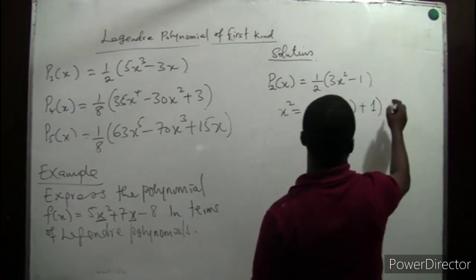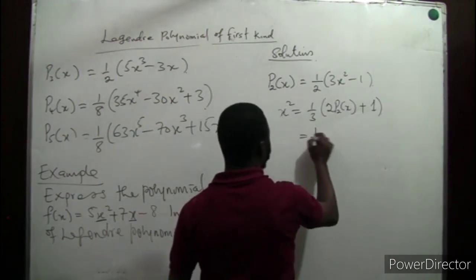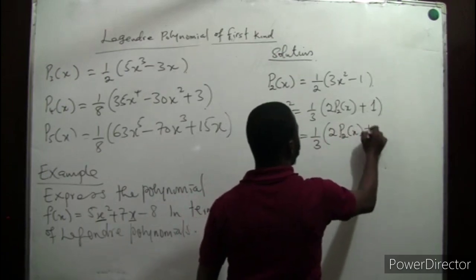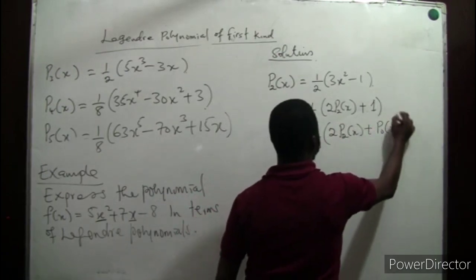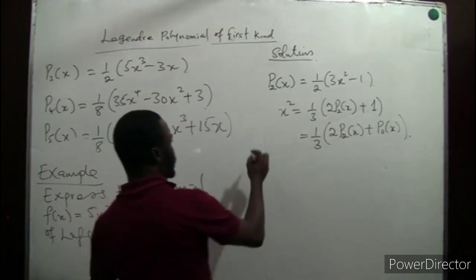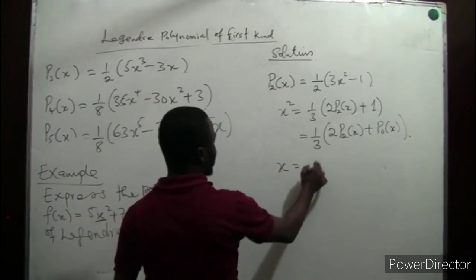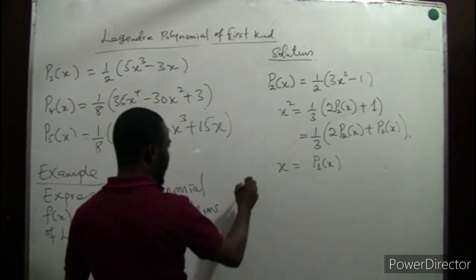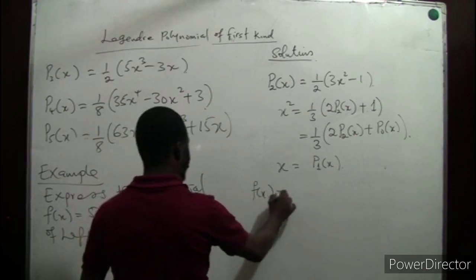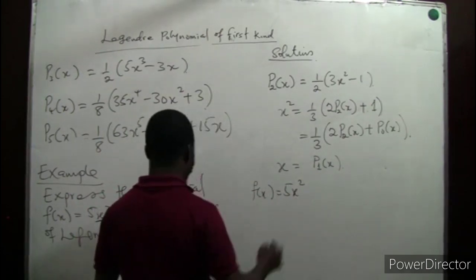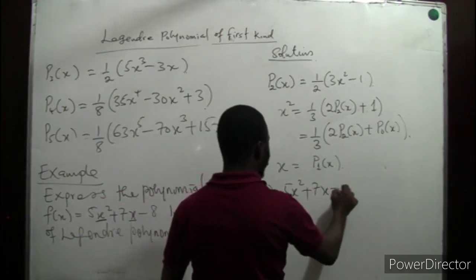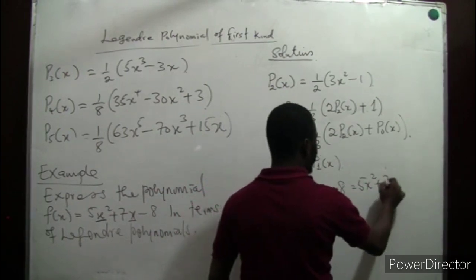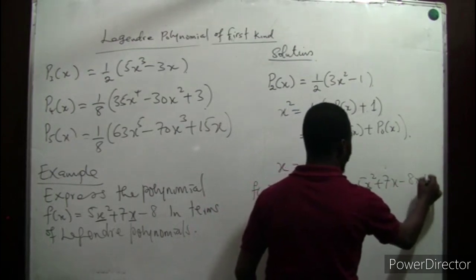However, 1 is another Legendre polynomial, and that gives us 2p2(x) plus p0(x). Also, we have established that x is p1(x). Now, our f(x), 5x squared plus 7x minus 8, can be written as (5x squared plus 7x minus 8) times 1.